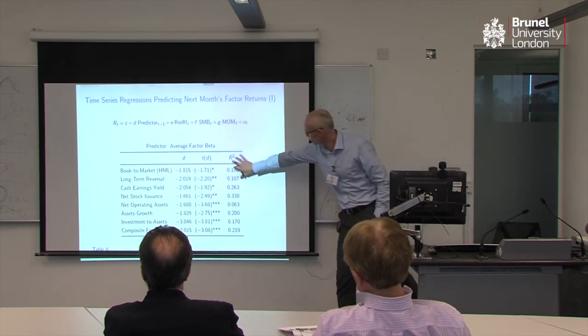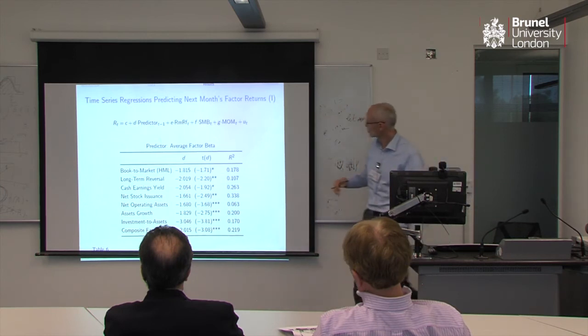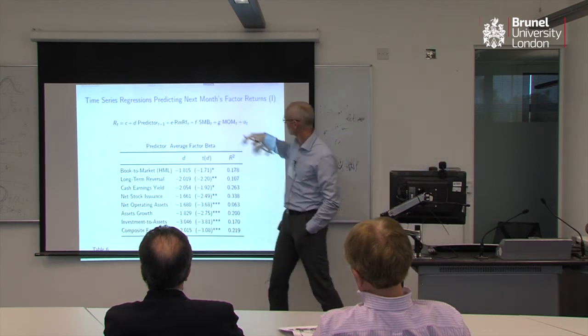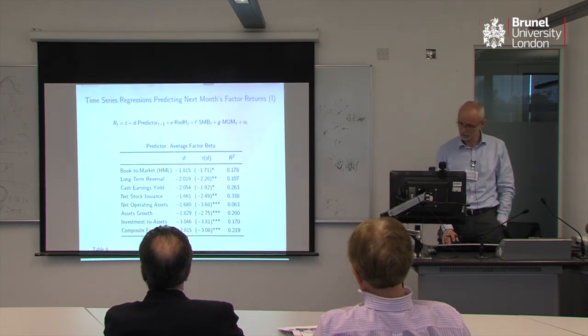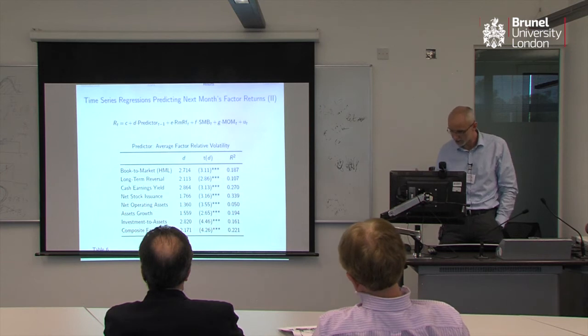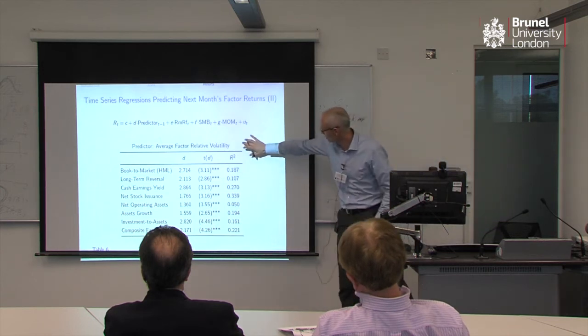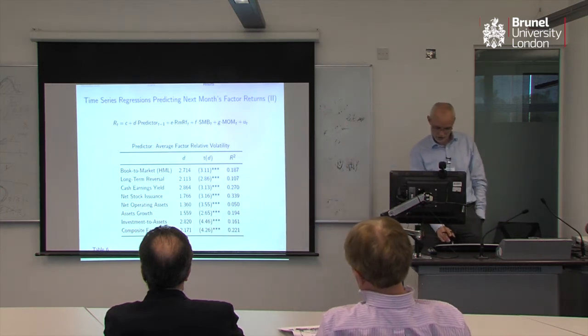The R squares, of course, are not so relevant for this specification because I have control variables that are contemporaneous. I do this for the relative volatility as well, with a similar effect.